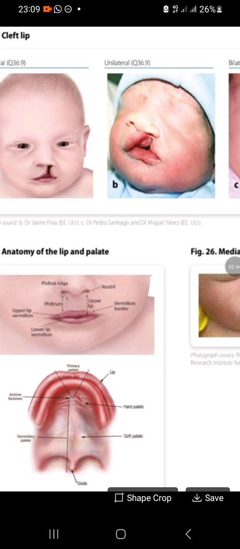Meaning the extra chromosome on number 13 causes the failure of the fusion of those cells, or there is a regression of those cells on this side and the other side to fuse due to Patau syndrome or trisomy 13.